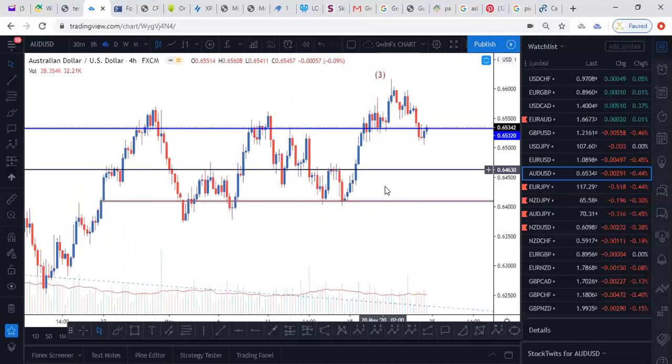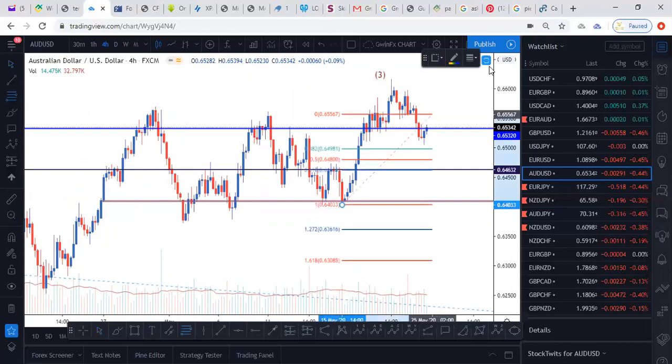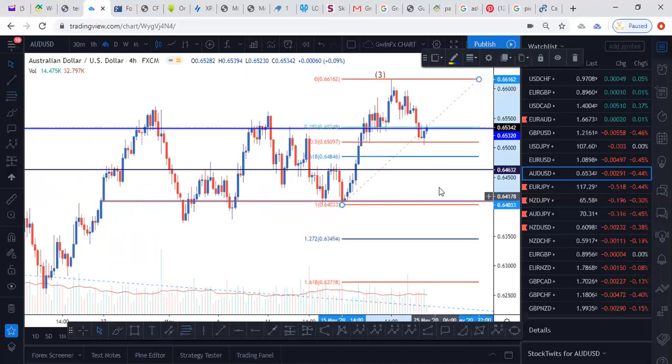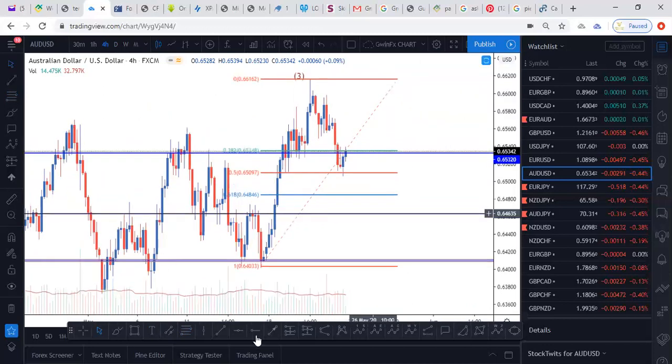So we could expect the price could actually retrace into that zone at the least.